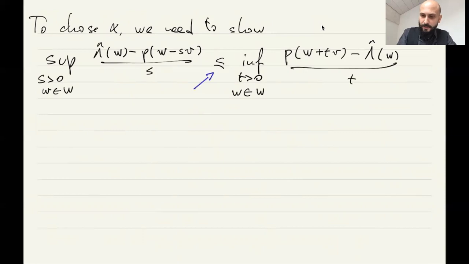And then any alpha in between will work.